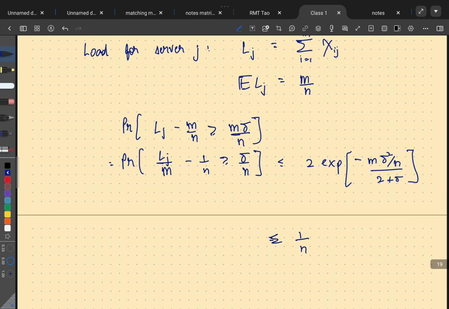So for what values of delta is this at most 1 by n? That gives me tight bounds on the maximum load that is present, assuming a certain probability guarantee.